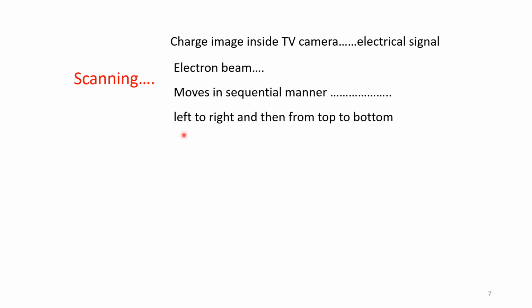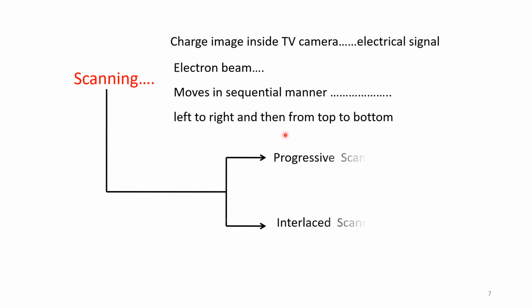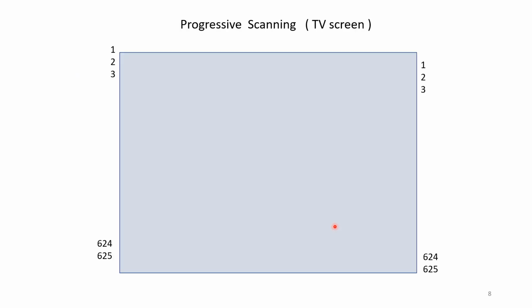That is, it moves from left to right and then from top to bottom. But this movement is done in two different ways, namely the progressive scanning and the interlaced scanning.